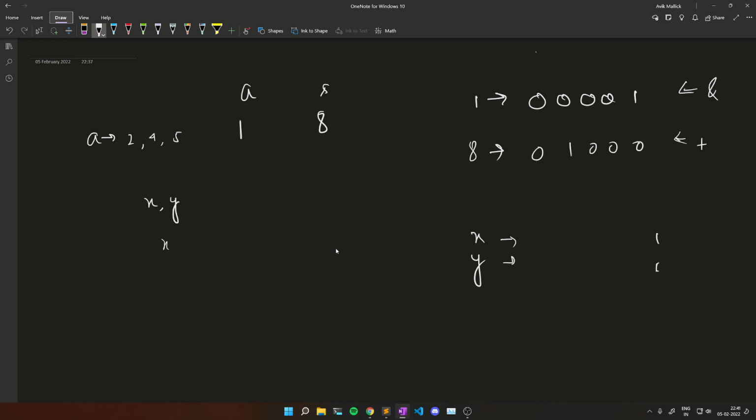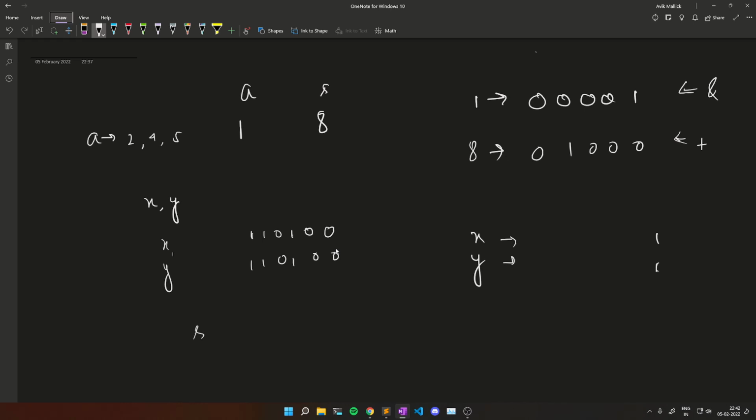So x and y both will have set bits at their positions 2, 4 and 5. So this is the number till now. Now these two numbers' sum also has to be S.